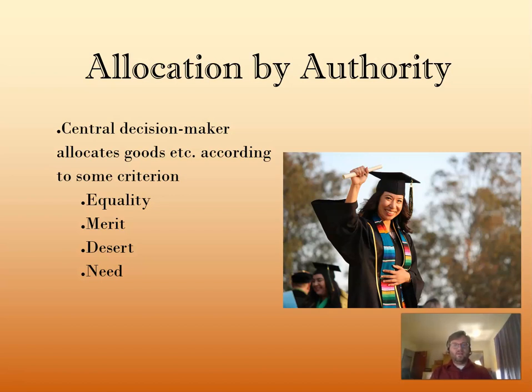So, for example, in Turkmenistan, jobs are allocated by the government, and one of the criteria they use is whether people have mastered the sayings in a book put together by their former president. He was kind of a strongman dictator with a very high opinion of himself as the leader of this country.